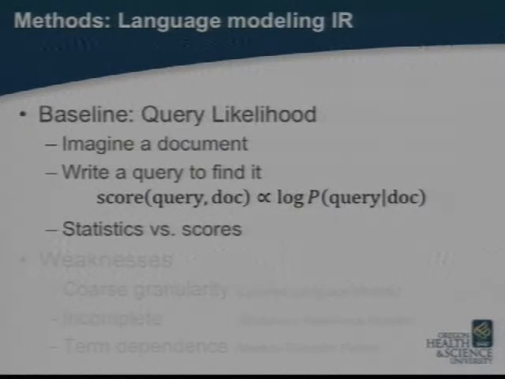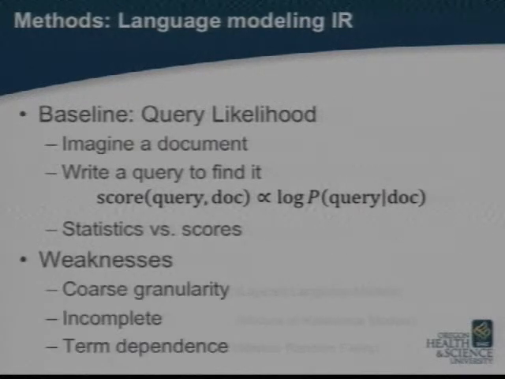Okay, so this query likelihood and language modeling in general actually do very well, just at a broad strokes. But there are some weaknesses. For example, the terms might have too coarse a granularity. Just like we were describing earlier, they might not get that fine-grained semantic distinction. Additionally, they might be incomplete.